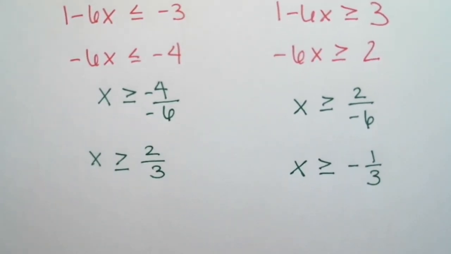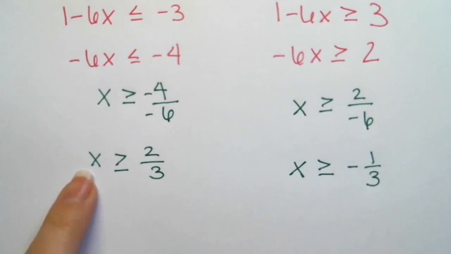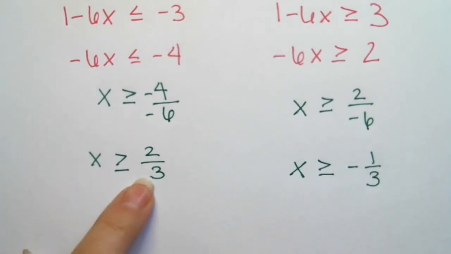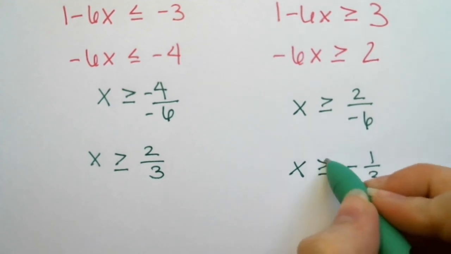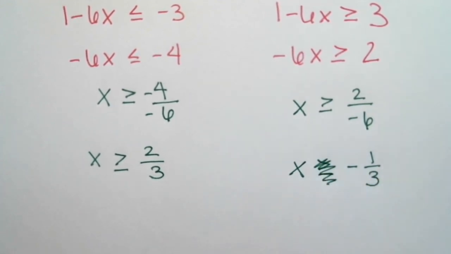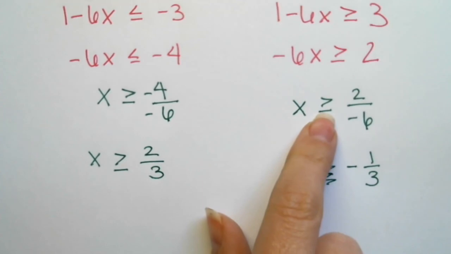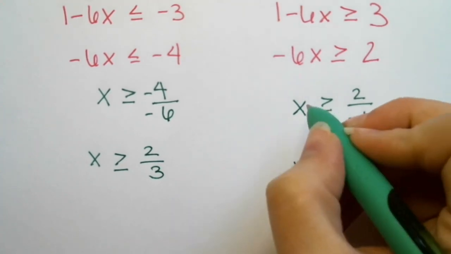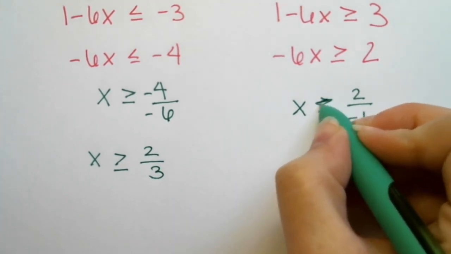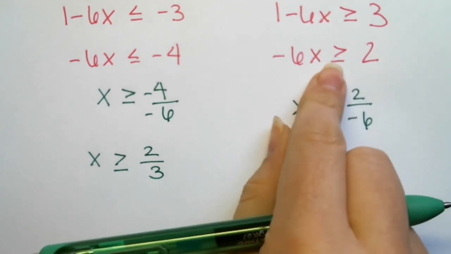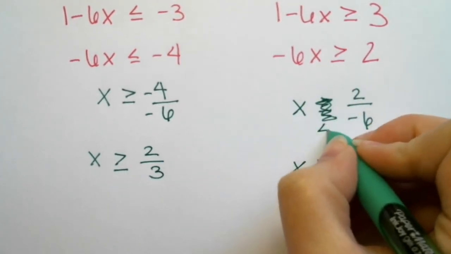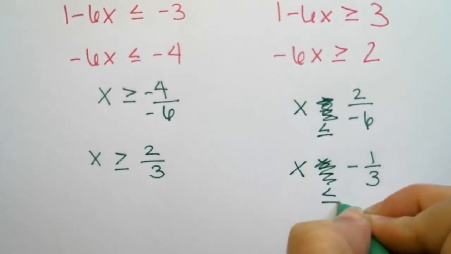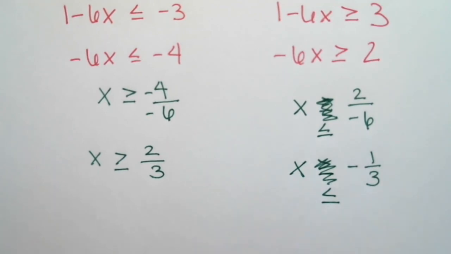All right. So this says x is greater than 2/3, and oh, I forgot to switch my inequality here. When I divided by a negative number, you should be switching the inequality. So it should switch from greater than to less than, and the same thing here. All right.